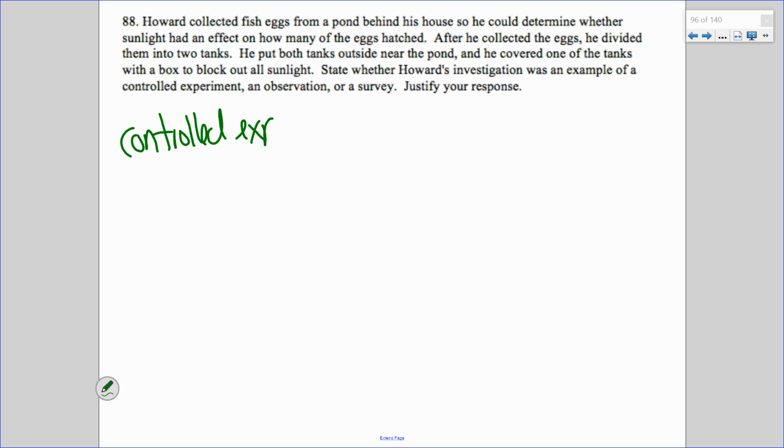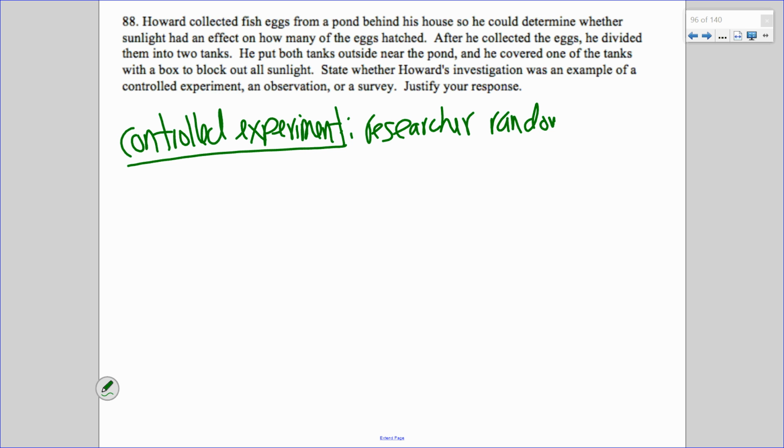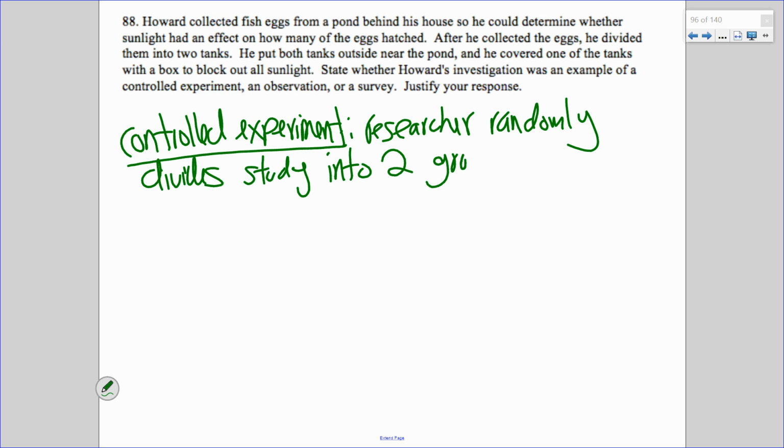Controlled experiment: the researcher randomly divides whatever people study into two groups and administers the experiment.